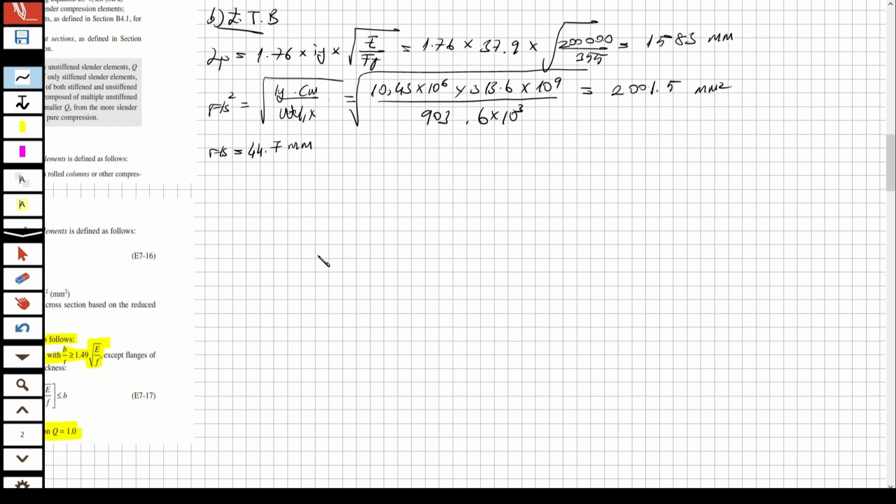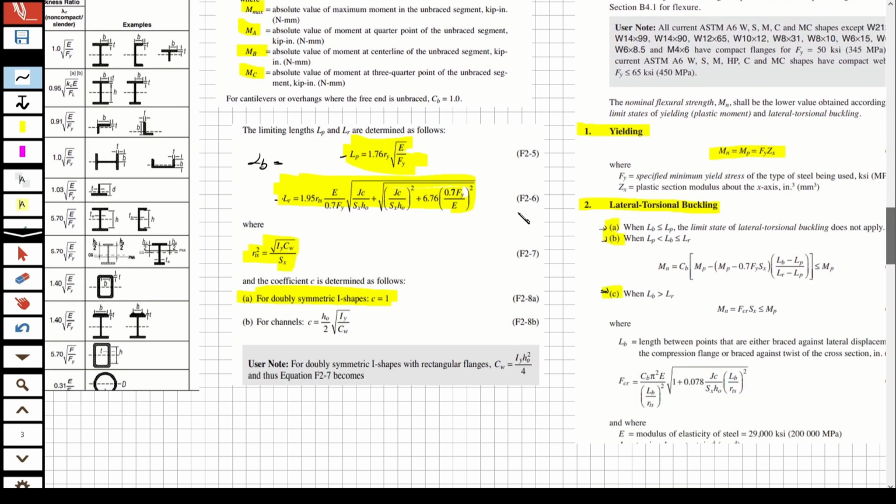Let's calculate the Lr. I don't need to write the formulation of Lr. Look at here, the formula is here, and I'm just going to apply this formula.